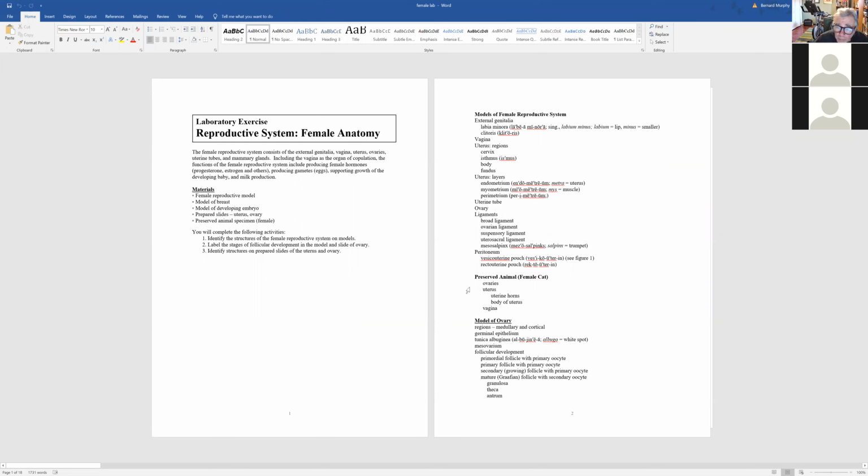And in the preserved animal, you can see ovaries, uterus. I usually don't try to find a vagina. Usually look at just the uterus and the ovaries. And the uterus in cats looks really different than the human uterus.